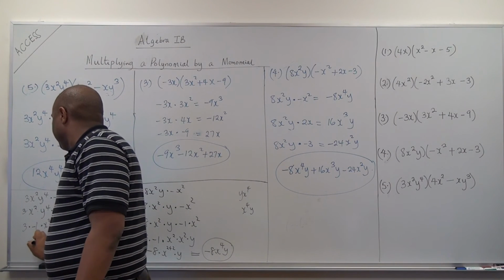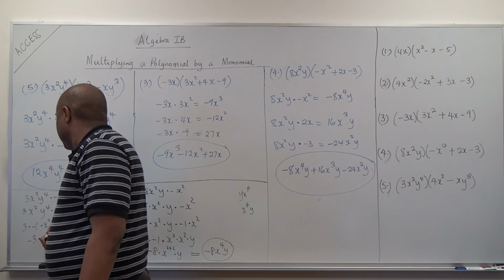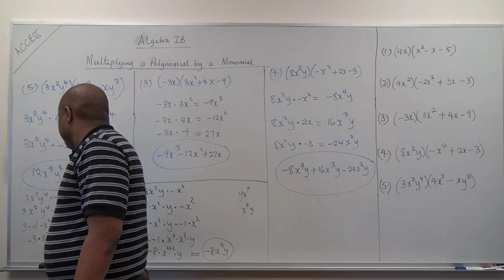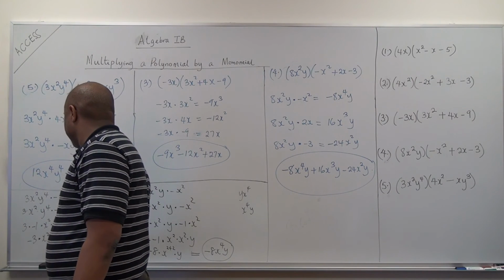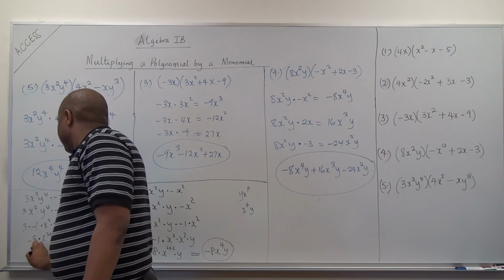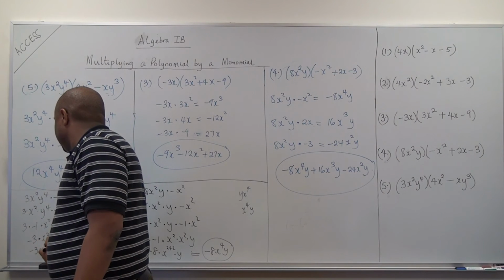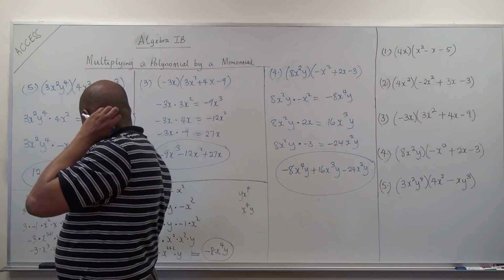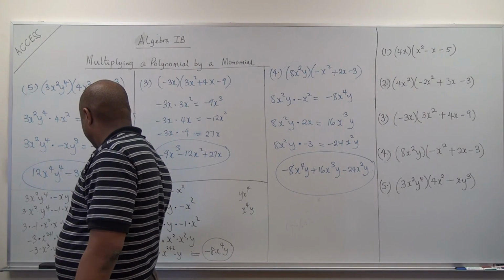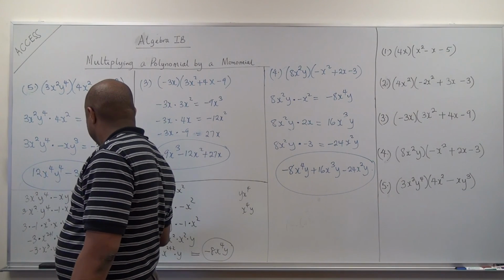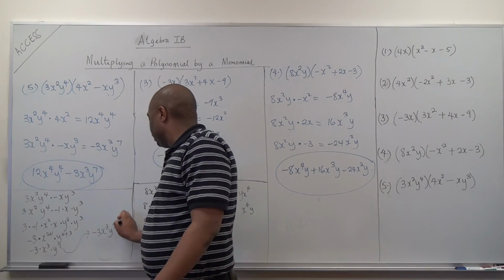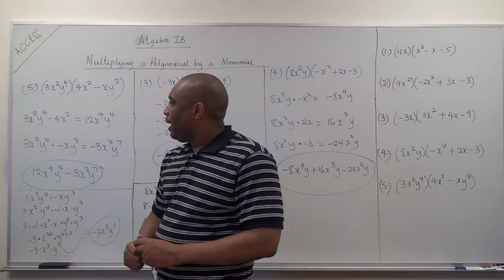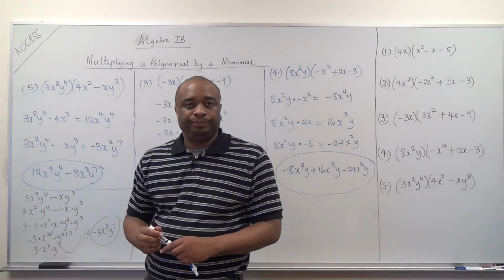And that is negative 3 times x, 2 plus 1, times y, 4 plus 3. And that is negative 3 times x cubed times y⁷. And the final answer will be negative 3x cubed y⁷. That was how we got that. And the same thing is what you do here.